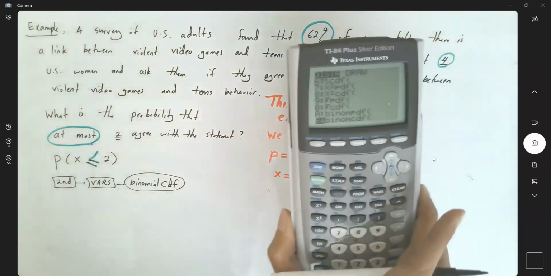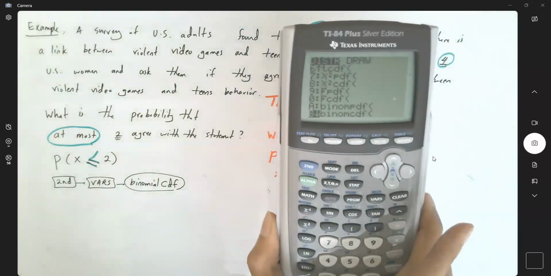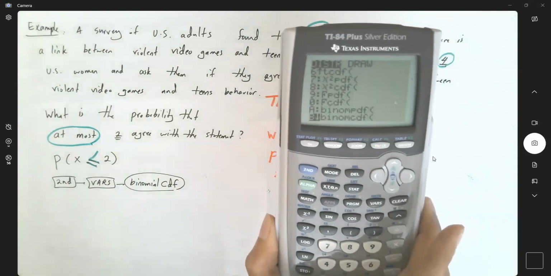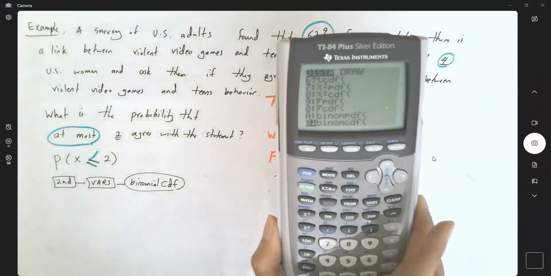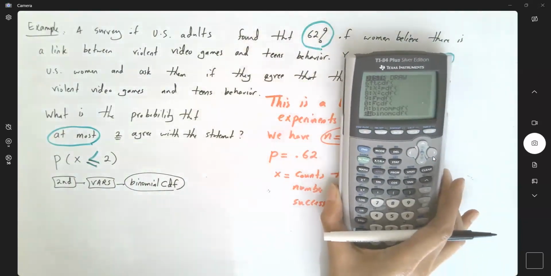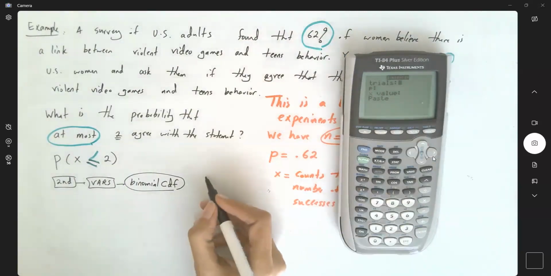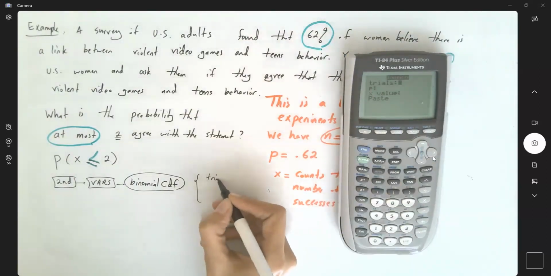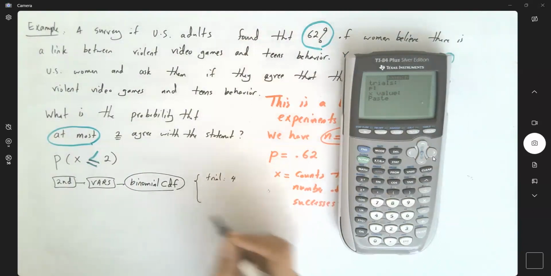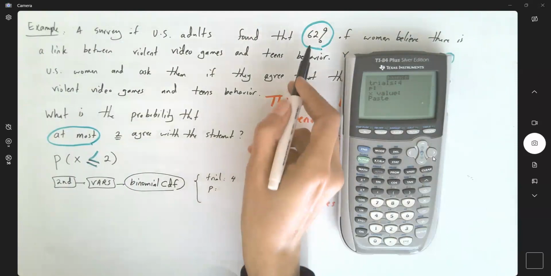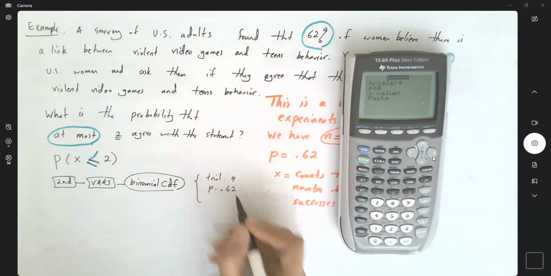Let me move it up, everyone, so everyone can see we are on binomial CDF. There is no PDF anymore. We're finding the cumulative one. The number of tries is 4. We're asking 4 people. The probability of success, the same as before, is 62% or 0.62.